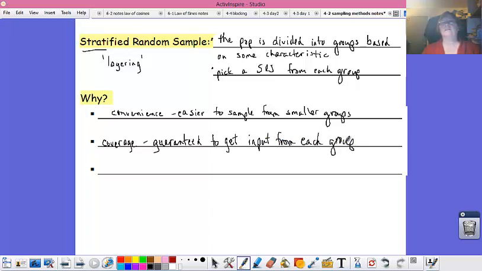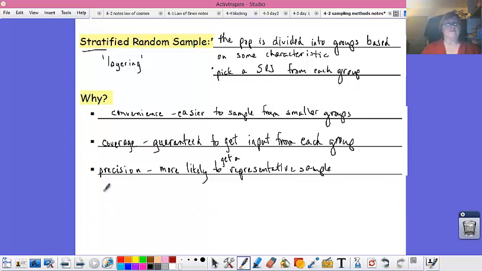And the last reason was kind of surprising to me, precision. It's been shown many times that data gathered in a stratified random sample is more likely to look like the real population. So it gives you a better chance at getting a representative sample.